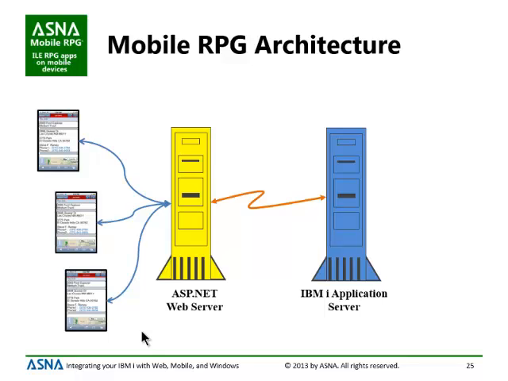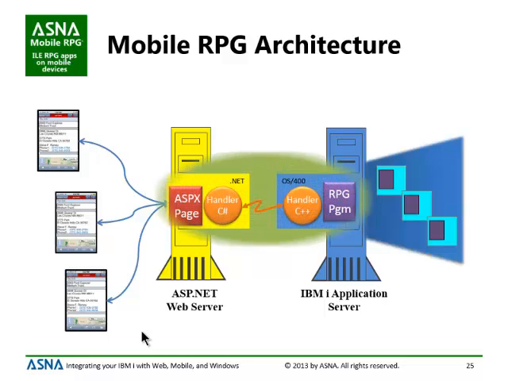The architecture then, at runtime, we have an IBM i application server on the right. That's the blue server. It's connected via TCP/IP on the same network to a Windows web server. And our Mobile RPG presentation layer is an ASP.NET application. So we can see here that on the IBM i side of things, you've got this RPG program talking through the Open Access API and the Mobile RPG Handler over to the server-side part of the handler and the mobile UI as expressed with an ASPX page.